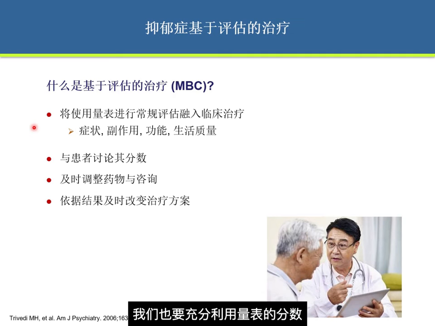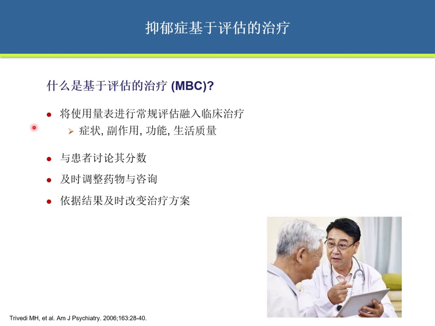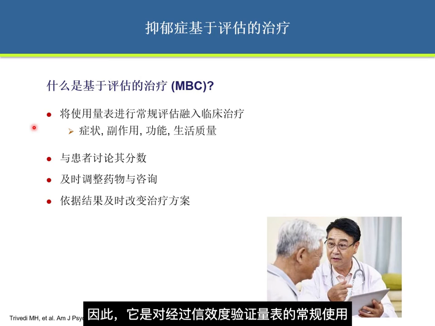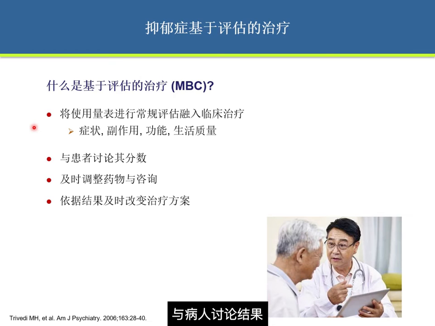We also use the scores on the scales to make timely adjustments in medication doses or with psychotherapy. And importantly, we can use the scores to make timely changes in the treatments if the patients are not getting better. And so it's the regular use of scores on validated rating scales, a discussion with the patient, and using the scores in clinical decision making that is the core of measurement-based care.